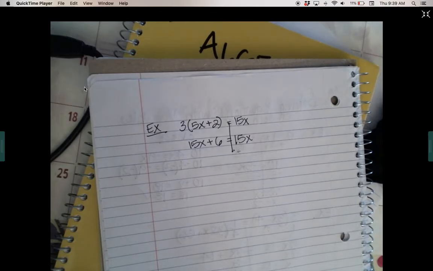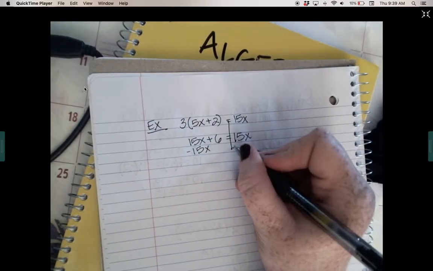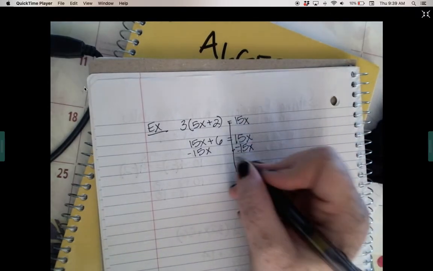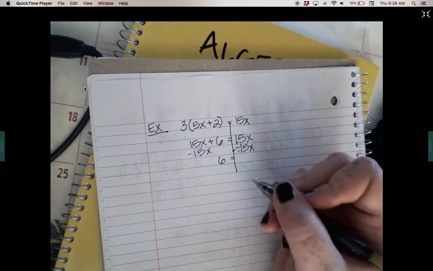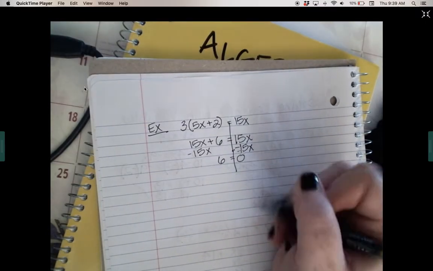What do I need to do? Subtract 15x. 15x minus 15x is 0, so I have 6 equals 0. Now what?